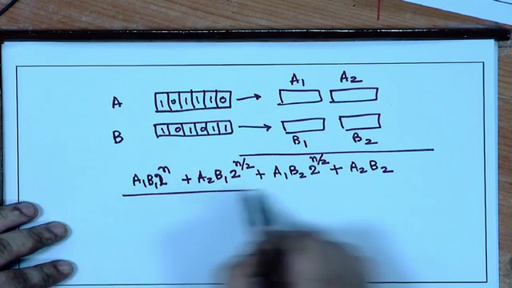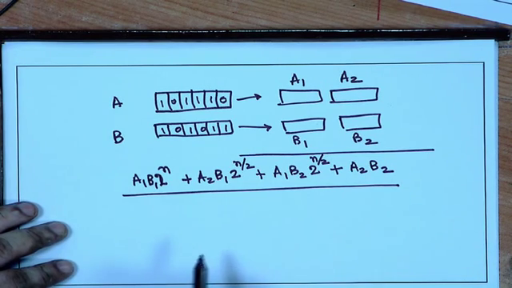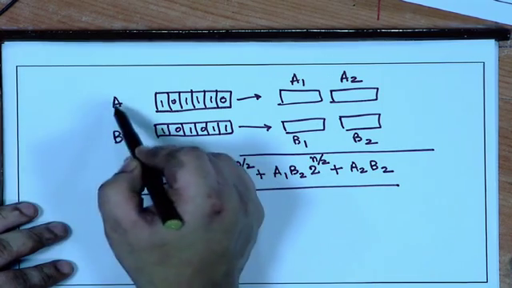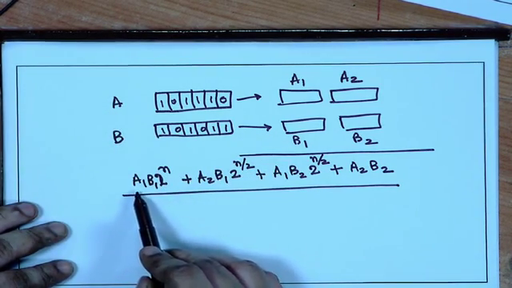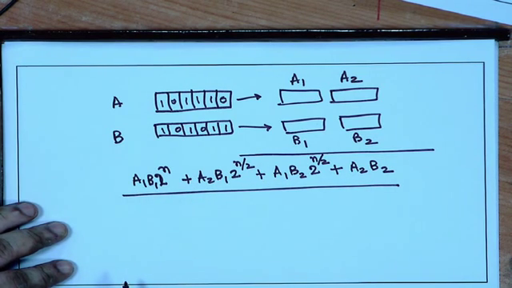So, I can write it this way, but even if I write it this way, if you look at it, I had to multiply two n bit numbers. Now, I am multiplying 4 times n by 2 bit numbers.